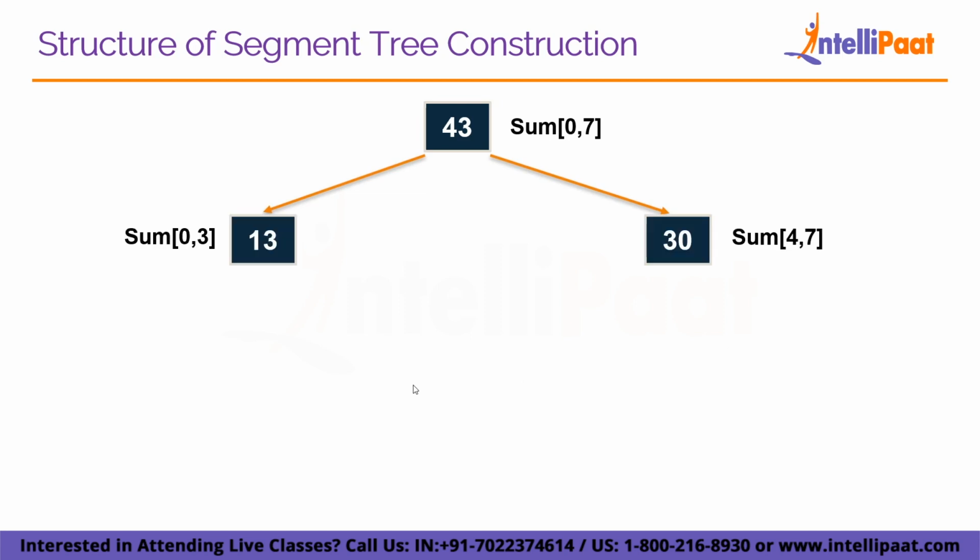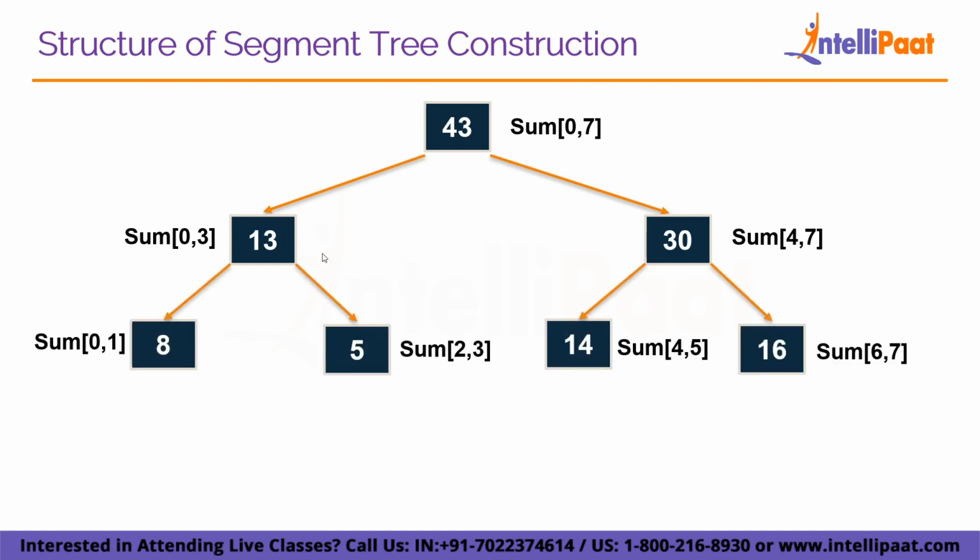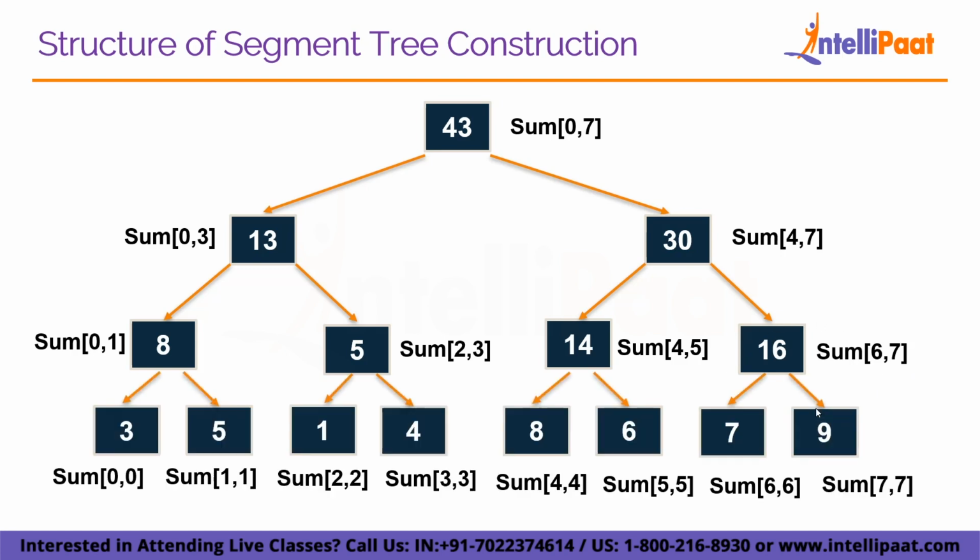After that, for index 0 to 3 the sum is 13, and for index 4 to 7 the sum is 13. Now, for index 0 to 1 the sum is 8, and for index 2 to 3 the sum is 5. On the right hand side, for index 4 to 5 the sum is 14, and for index 6 to 7 the sum is 16. Similarly, we can see the rest. So this is how the segment tree construction works.